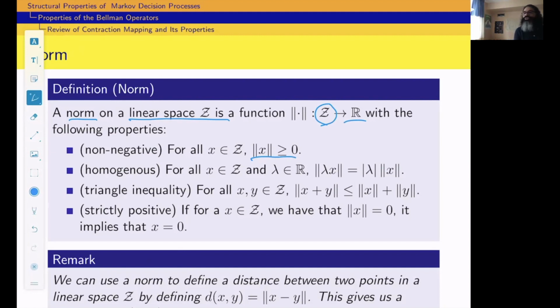Okay, I guess there are some questions. Right, okay, so the question is, what's the difference between a metric and an inner product?